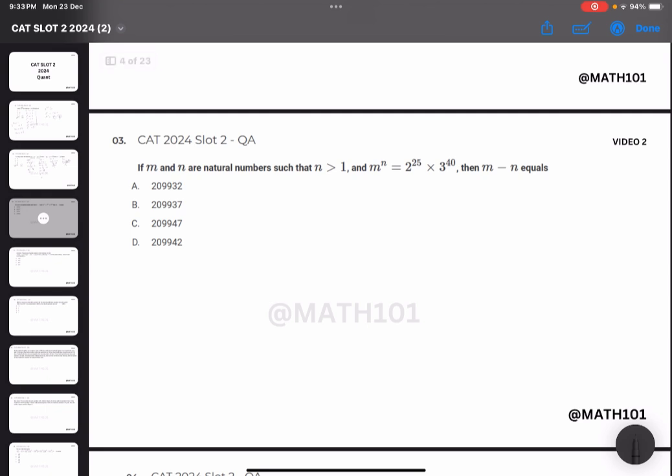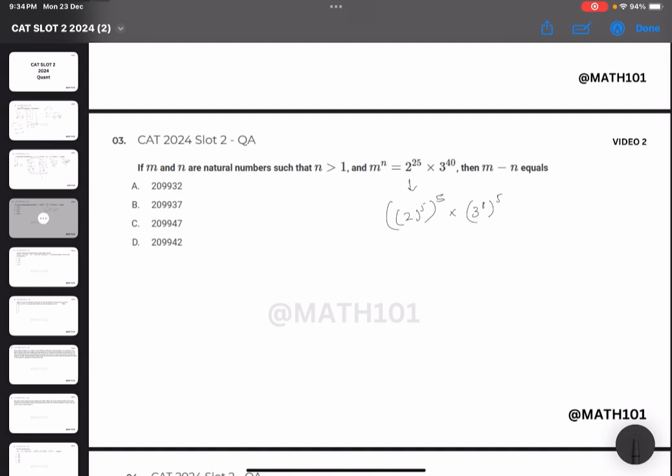We have m and n are natural numbers. M to the power n equals 2 to the power 25 into 3 to the power of 40. So 2 to the power of 25 can be written as 2 to the power of 5, to the power of 5, and 3 to the power of 40 can be written as 3 to the power of 8, to the power of 5.